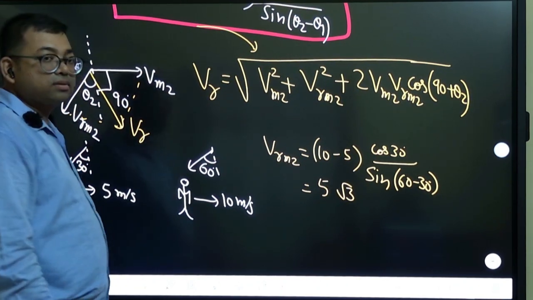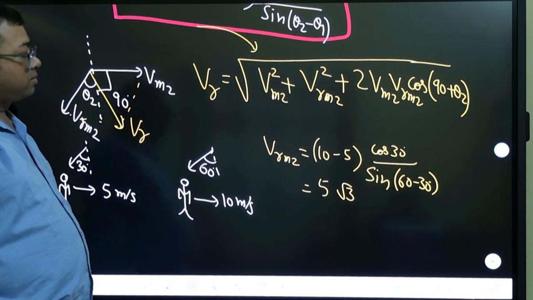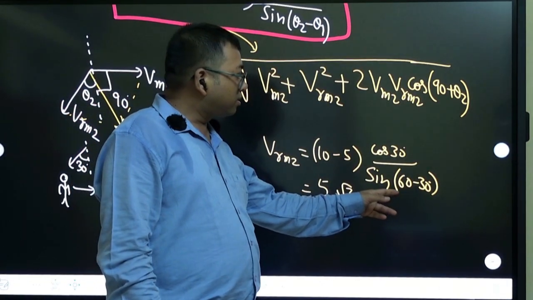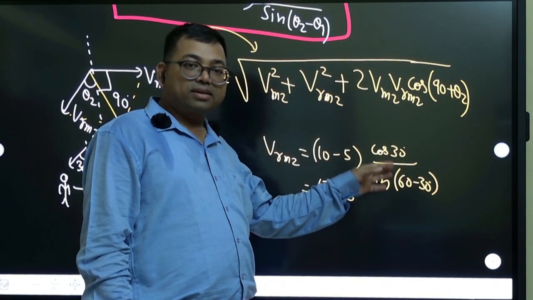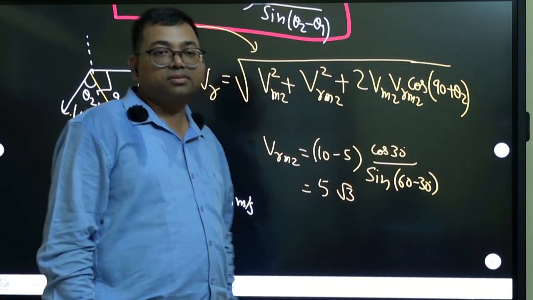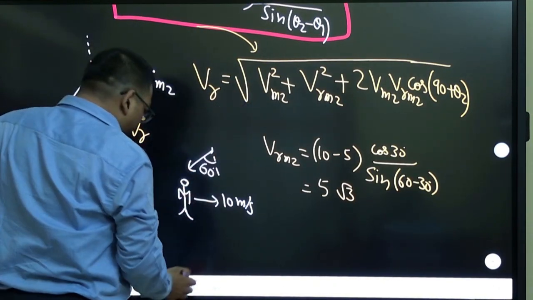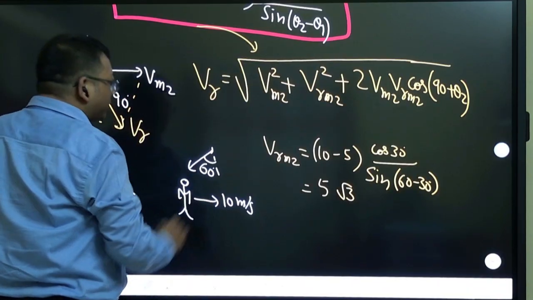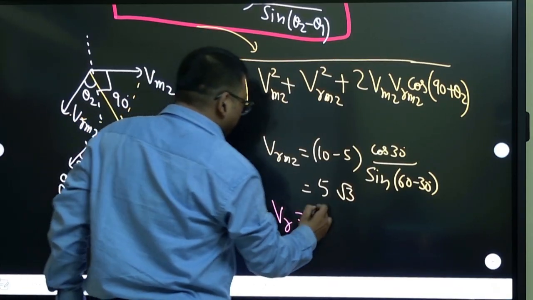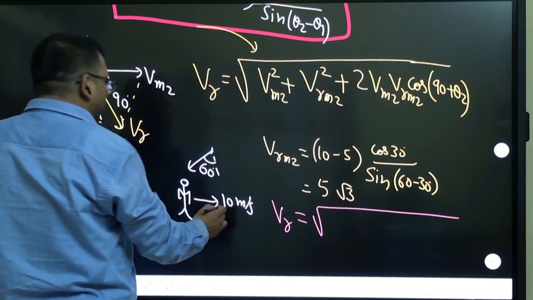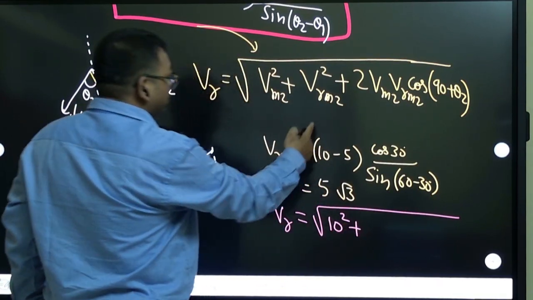So cos 30 by sin 30 is cot 30. Cot 30, you substitute, root 3. Now you substitute directly in this formula. So velocity of rain will be root under, very easy, tan square, tan square plus this square.